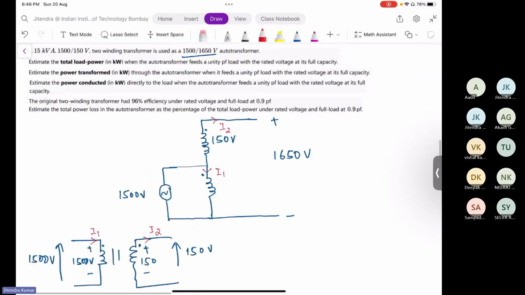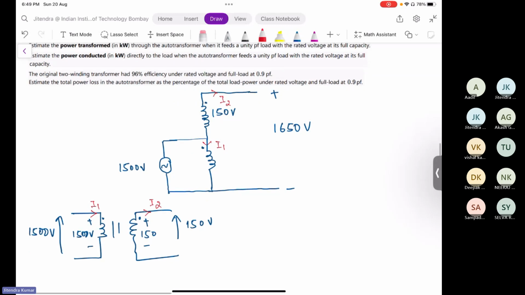Sir, how can we decide the direction of current I1? So see here, in the 1500 volt winding of the transformer, if we have decided this as dotted, the current is entering one dot. So generally in a two winding transformer, what happens? If load is connected on the secondary side, the current enters on the first dot and leaves the other dot, right?